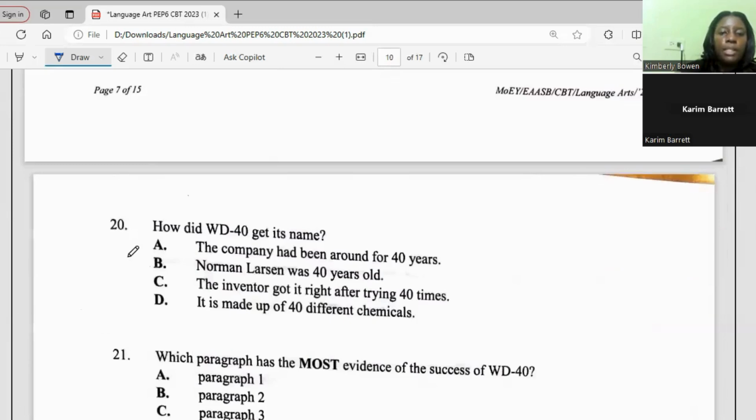Let's move on to number 20. How did WD-40 get its name? The company had been around for 40 years. Norman Larson was 40 years old. The inventor got it right after trying 40 times, or it was made up of 40 different chemicals. Let's look back at the passage.